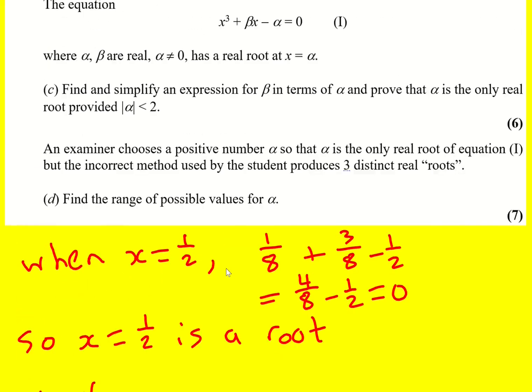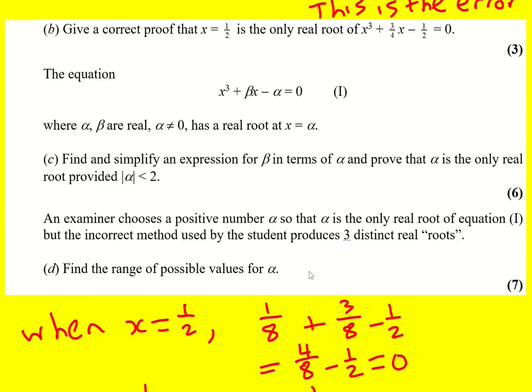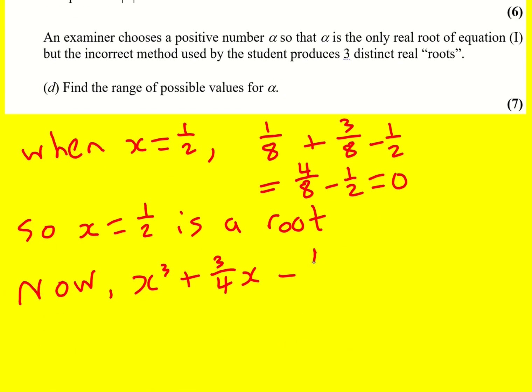Now, we've got x cubed plus 3/4 x minus a half equals 0.